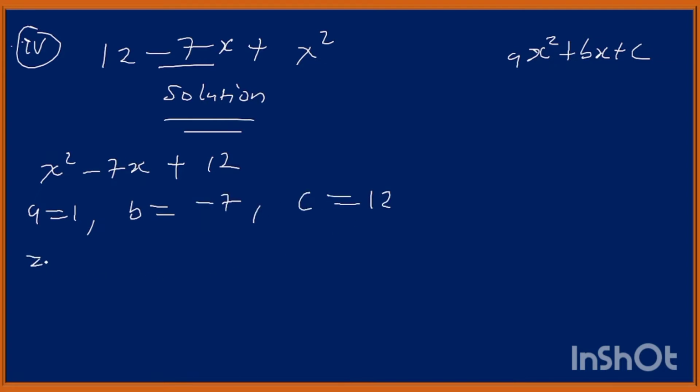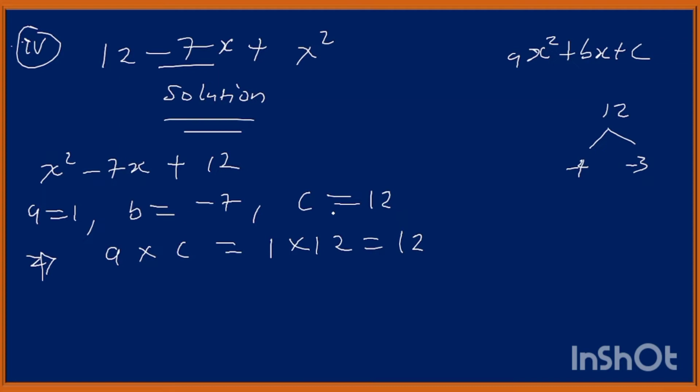The next step is to multiply a by c, which gives 1 times 12, which is 12. Then we look for factors of 12 that multiply to give 12 and add to give 7, and that is 4 and 3. The minus sign will be on both, because minus 4 times minus 3 gives 12.